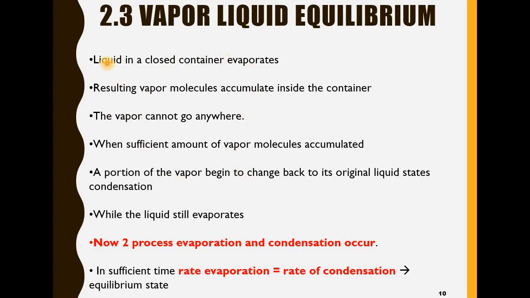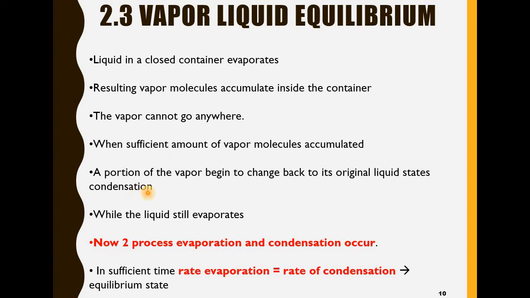So for example, if components A and B enter the distillation column and we heat up the mixture, the liquid mixture will evaporate when we apply heat and become vapor. The vapor will accumulate, and a portion of the vapor will change into liquid. That is what we call condensation.